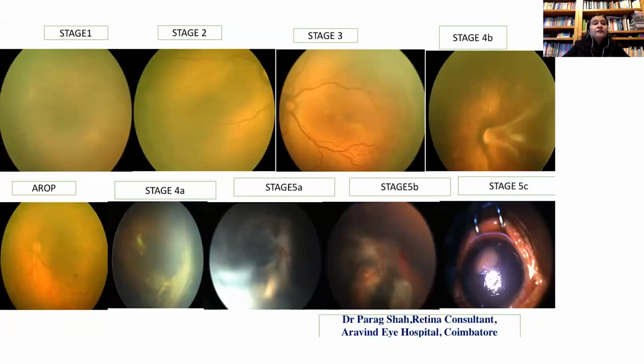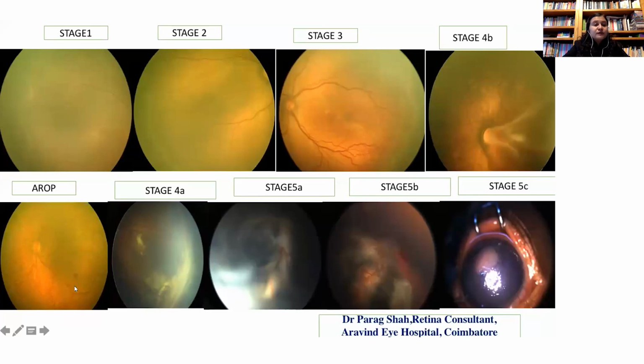So this is stage 1 ROP. We can see there is a very fine demarcation line. In stage 2 there is a ridge formation. This is stage 3 with extraretinal fibrovascular proliferation, and this is stage 4 with retinal detachment not involving the fovea, and this is 4B where the fovea is involved.